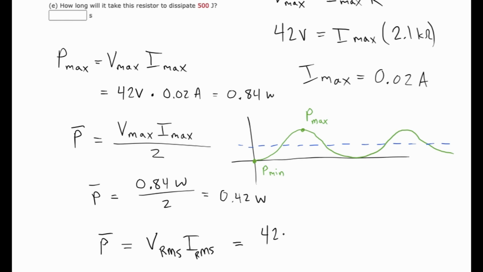It would be 42 volts over radical 2. And then the I RMS would be 0.02 amps over radical 2. So you can see where this 2 comes from in that formula. Those formulas match up to give the same value. So it's going to be 0.42 watts.